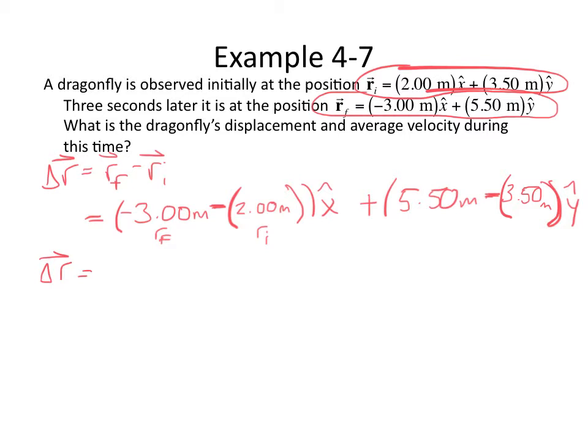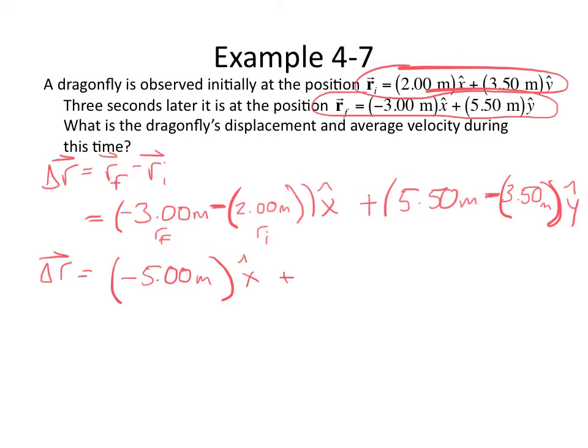What does this come down to? Well, minus 3 minus 2 gives us a total of negative 5 meters x hat, okay, plus. Now, it's always going to be plus right here.